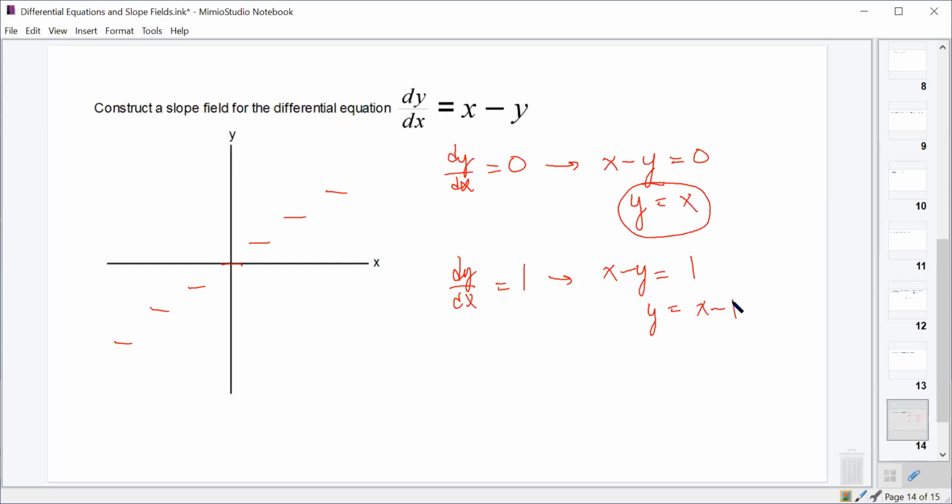Okay, good. So anywhere along the line y equals x minus 1, which would be approximately that line, we should have a slope of 1. So we should have a bunch of little lines with slope 1 that look like that.